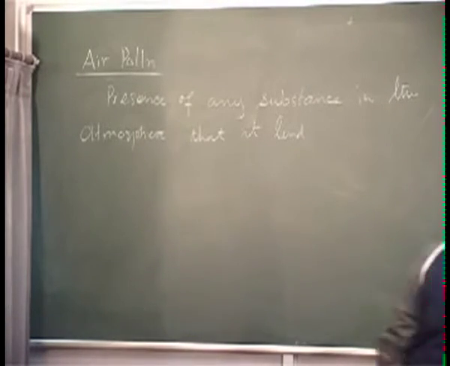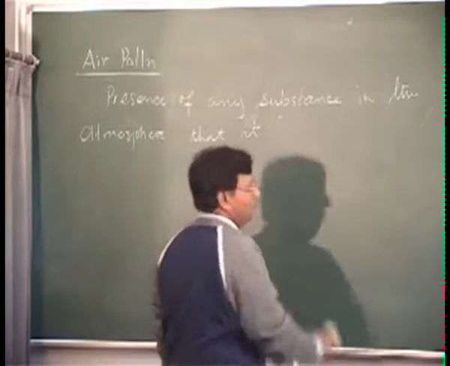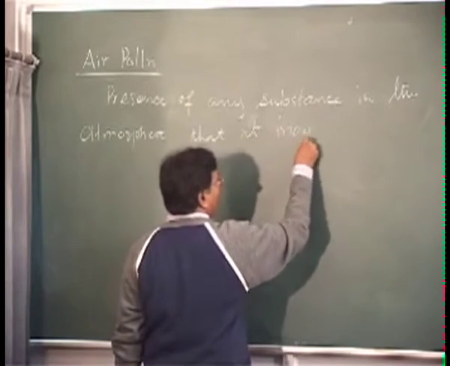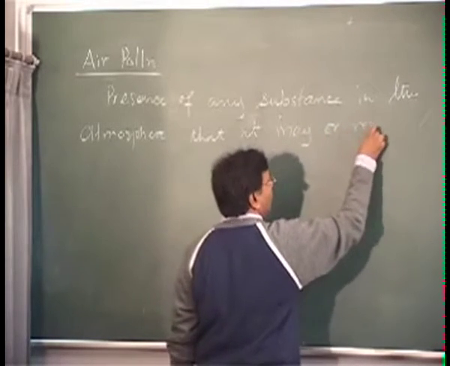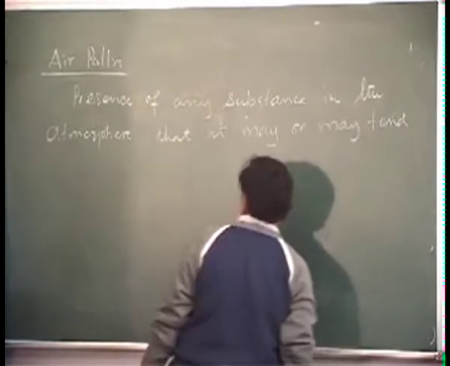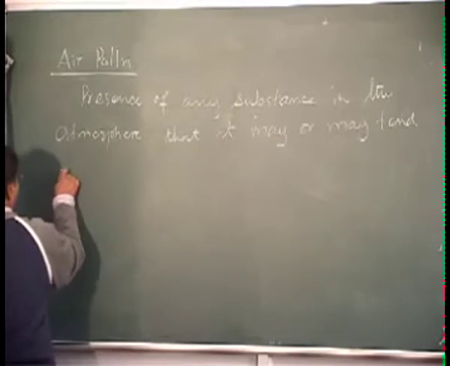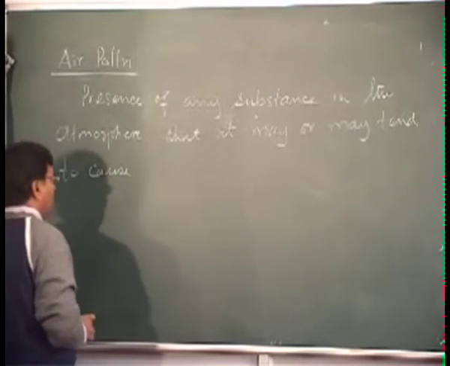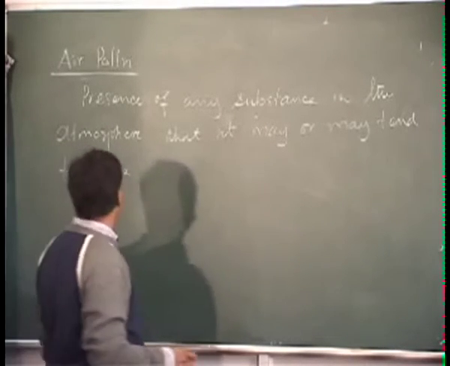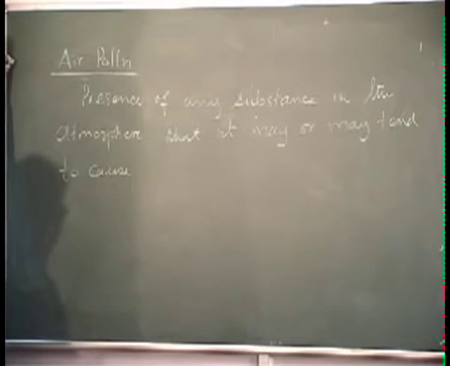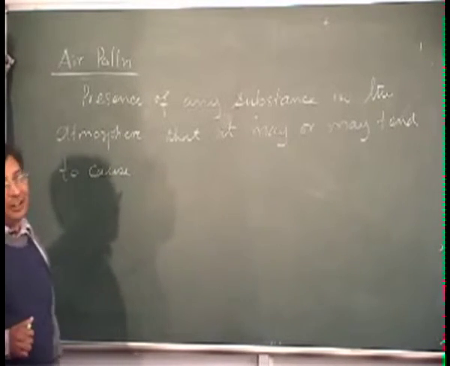The definition is something we should write very correctly. It may or may tend to cause, may tend to. Okay. See, that's why I say the definition is a very tricky thing.